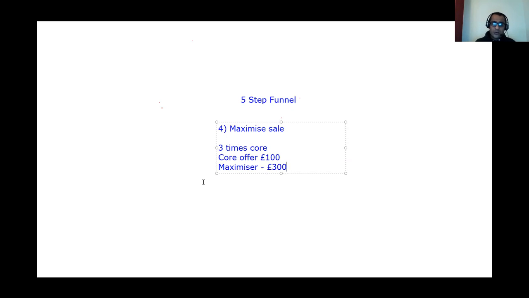Because what we would do here is, okay, they've taken step 1, they've taken step 2, they've paid the £25 for the product that's worth £50. They've then bought our core offer at £100. Sorry, I've still got the flu. I do apologise.